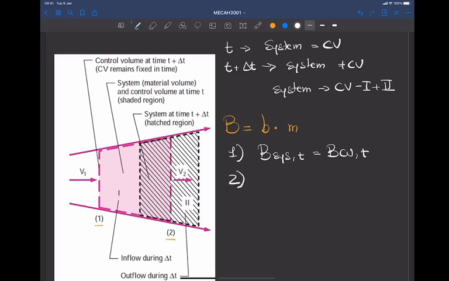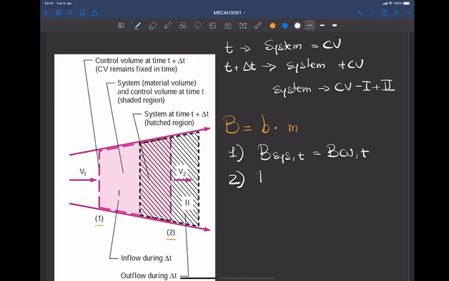Now, at time t plus delta t, things are different because the system, as we said, has moved to the right. It doesn't cover this region 1 anymore, but it does include a new region, which is the region 2.